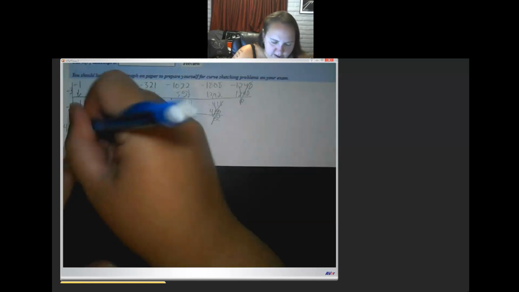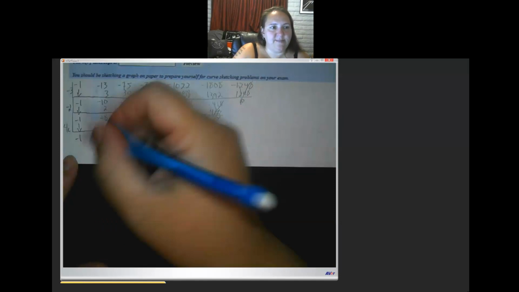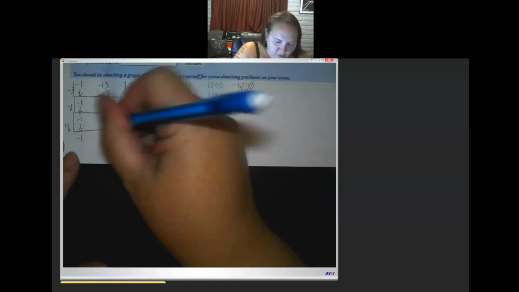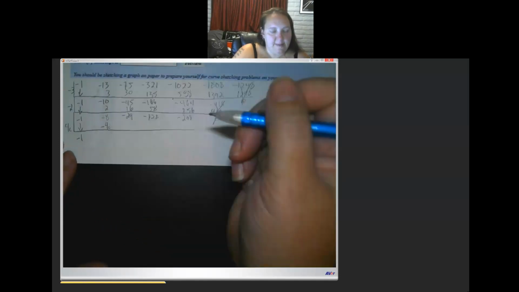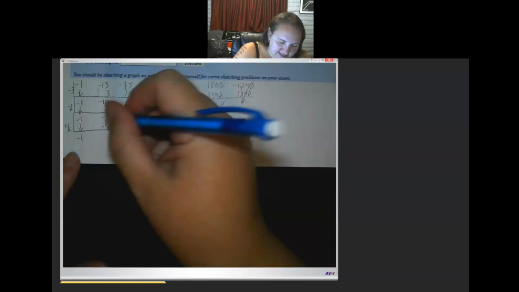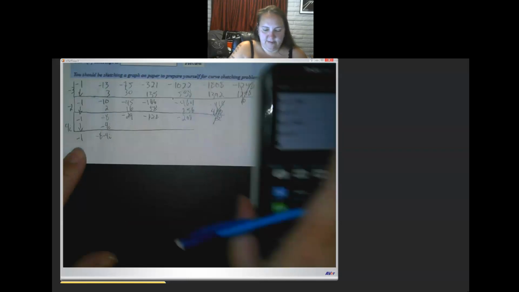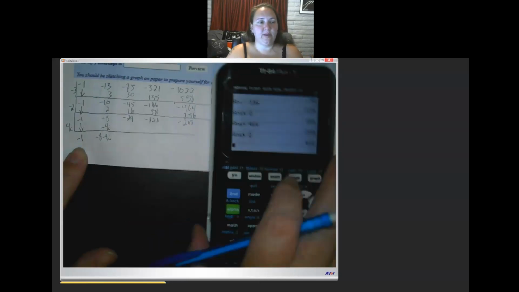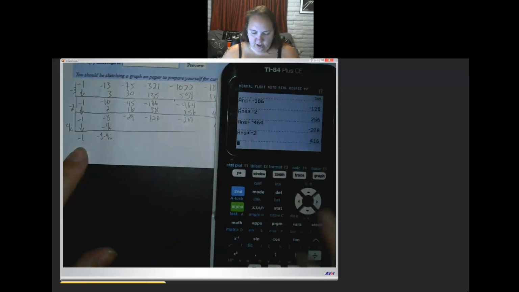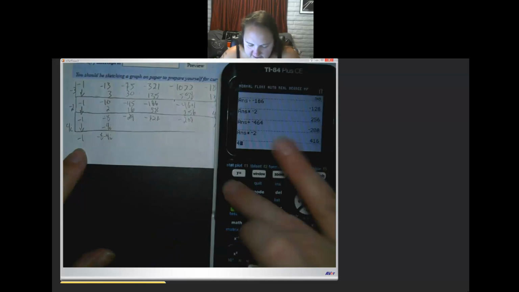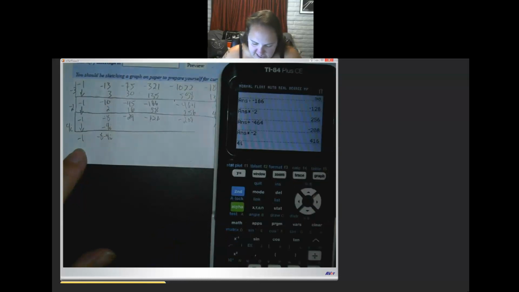Negative 1 times 4i would be a negative 4i. You can't combine these, so that's a negative 8 minus 4i. So then 4i times negative 8 minus 4i.